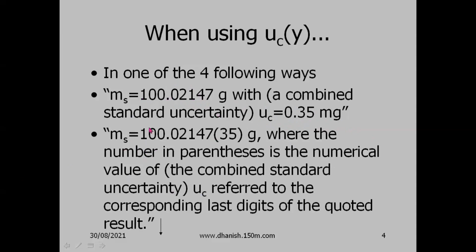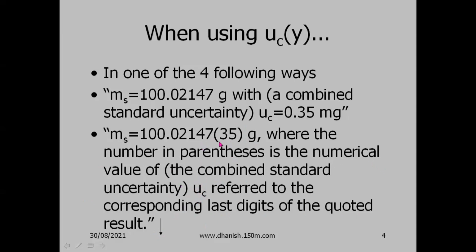A more elaborate form you can give in brackets. MS equal to 100.02147 within brackets 35 gram, where the number in parentheses is the numerical value of the combined standard uncertainty UC referred to the corresponding last digits of the quoted result. So the number in parentheses is UC, the combined standard uncertainty.